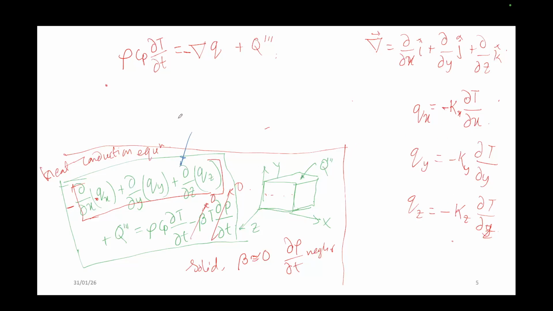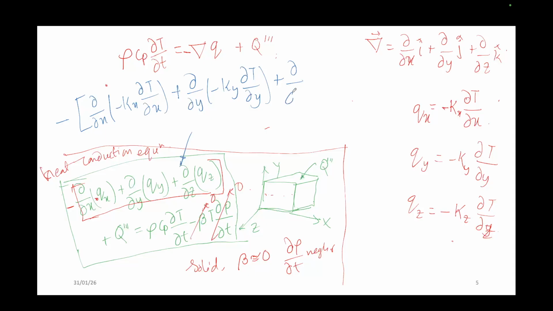So I can write minus del x of, in place of here I can write kx, minus, plus, sorry, plus, so this is the left hand side, plus q triple dash, this is rho cp, this one, right?